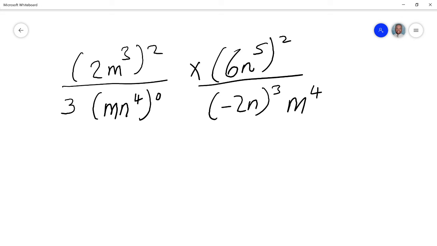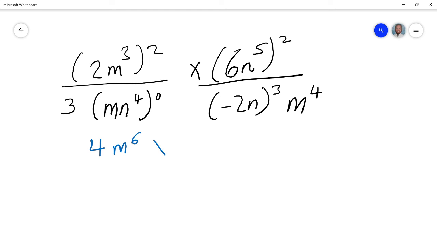So like I worked out in the previous question, we need to find out how we can simplify what's in the brackets. So if you see (2m^3) squared, that's the same as 4, and m to the power 3 squared is m to the power 6.